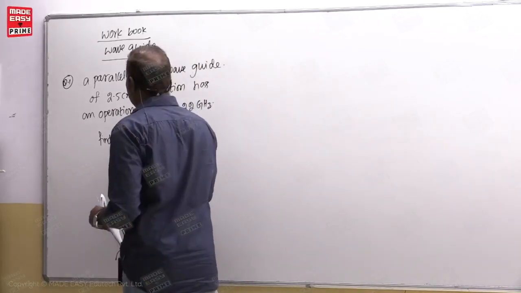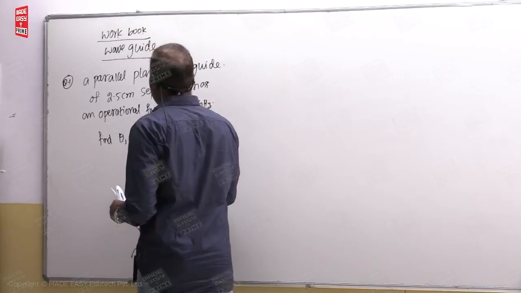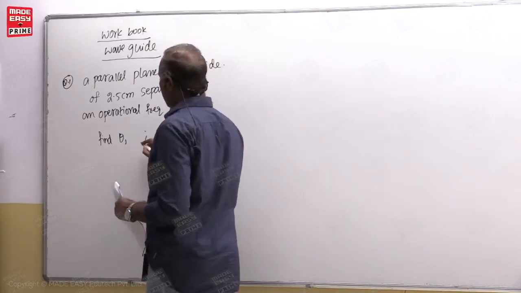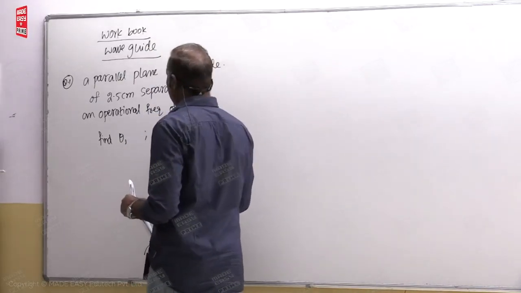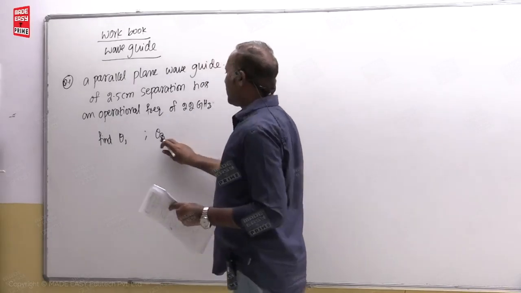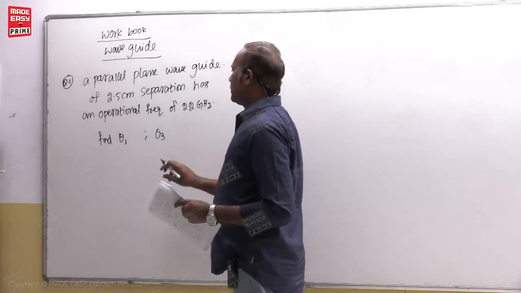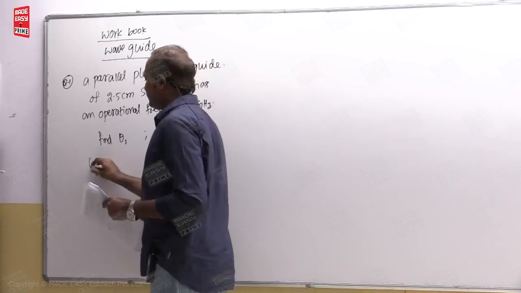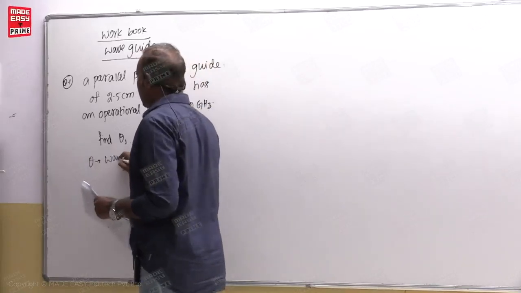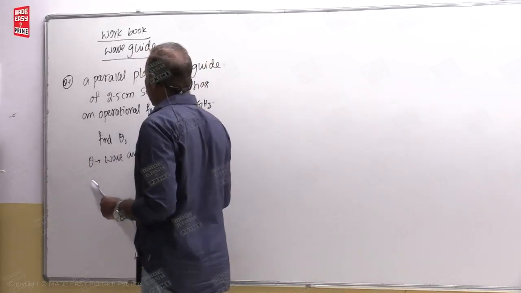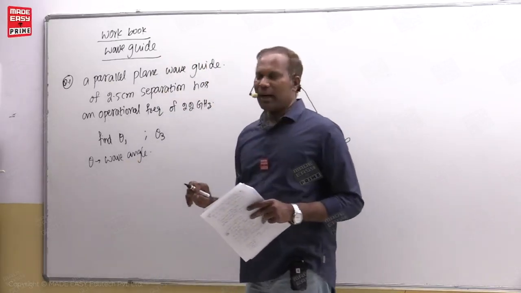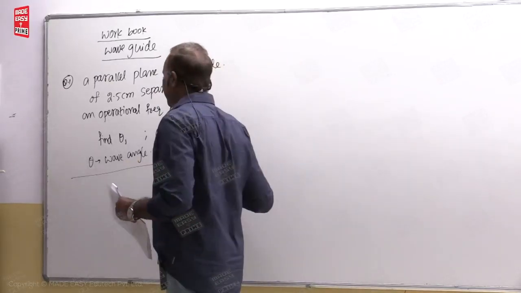That means find theta 1 and find theta 3. For first mode m is equal to 1, and for third mode m is equal to 3. Okay, so theta is the wave angle. Already we have seen, the angle between the EM wave and the waveguide axis, that one.